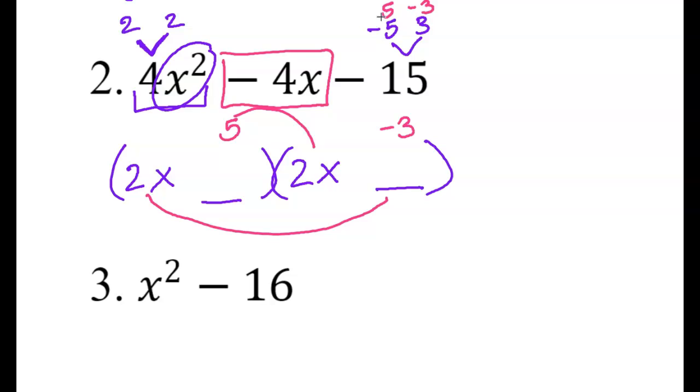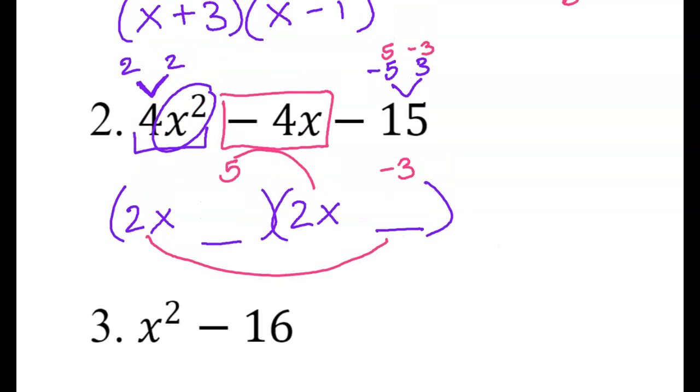Well, what is 10x minus 6x? 4x. Is that what we wanted? What are we trying to get, b value? Negative 4x. So this does not work.